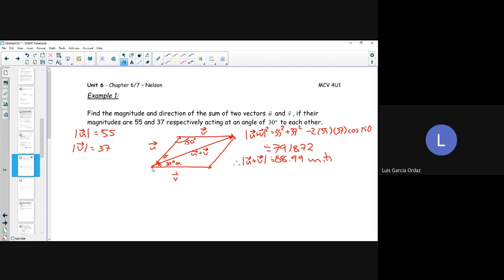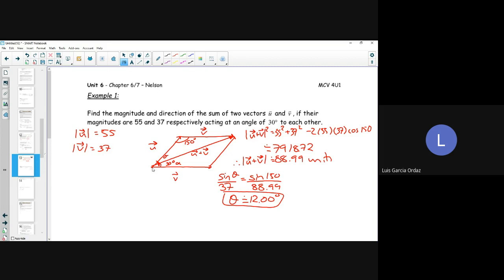So now I need to figure out what the angle is where my resultant vector happens. So I need to find angle theta. So sine theta over 37 is equal to sine 150 over 88.99, which means theta is approximately 12.00 degrees.